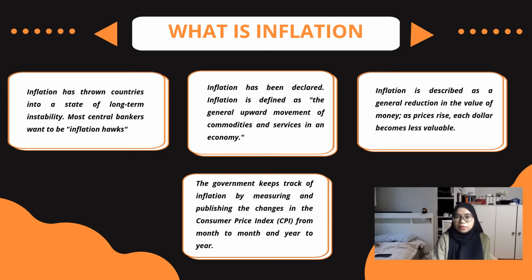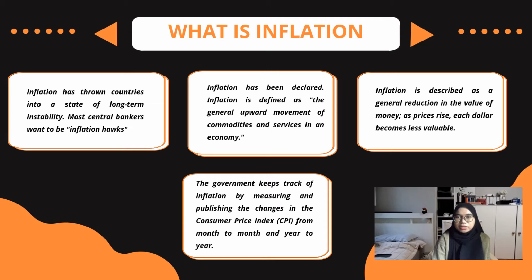The government's most common method for measuring inflation is the Consumer Price Index, known as CPI. To calculate the CPI, the government creates a fictitious basket of items and services that a typical consumer may buy or rent, such as food, transportation, and other necessities.